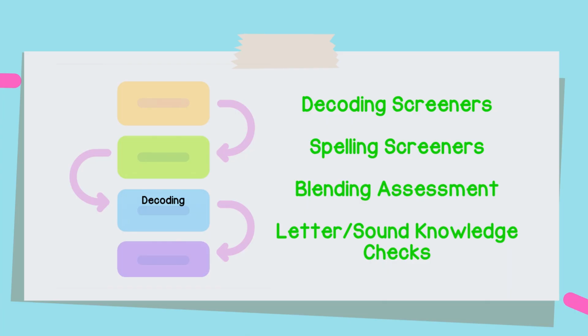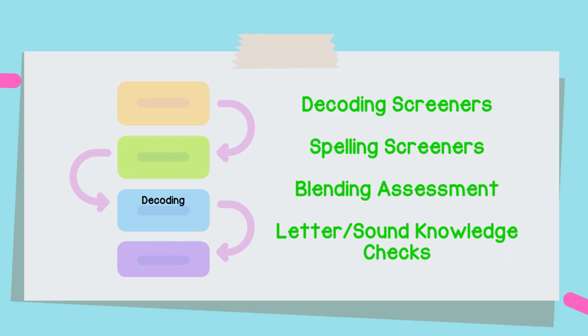You can also assess how quickly they can retrieve the sounds. And if a student knows fewer than 20 sounds, then phonics instruction must pause until the foundation is secure. And in a later module, we will talk about letter learning lesson plans versus phonics lesson plans.